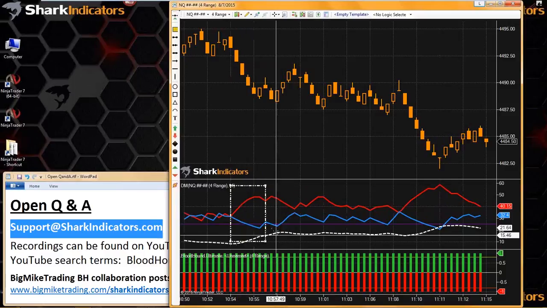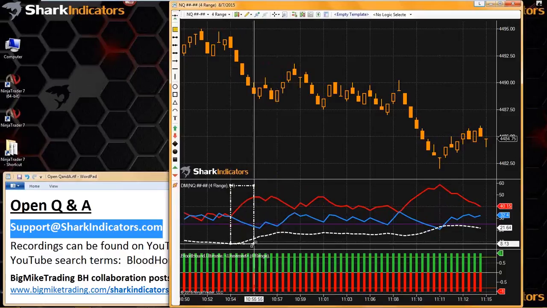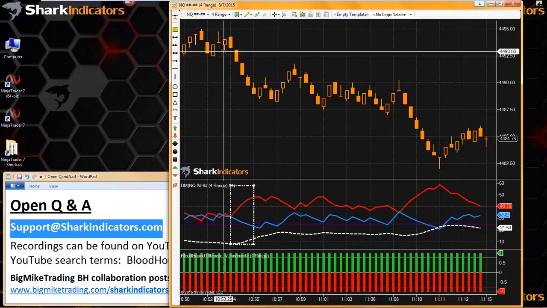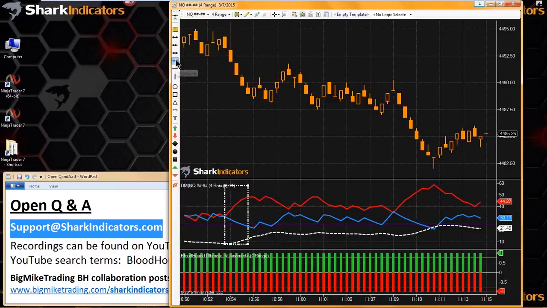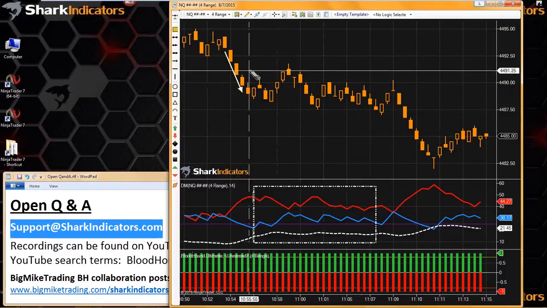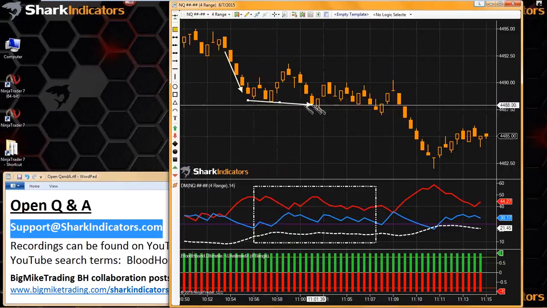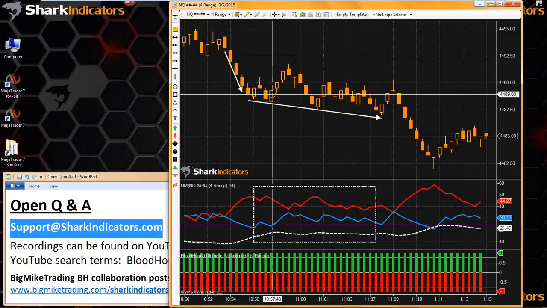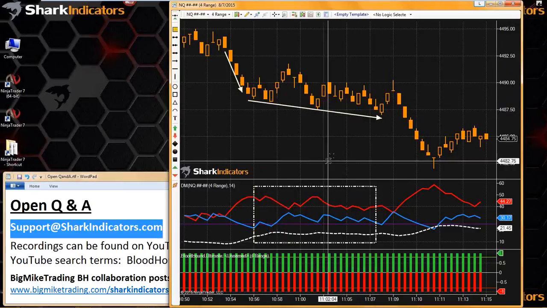We got these few bars here where we definitely had price coming down pretty strong, and our indicator showed that. And from then on, we're still in a downtrend, but it's a consolidating downtrend.